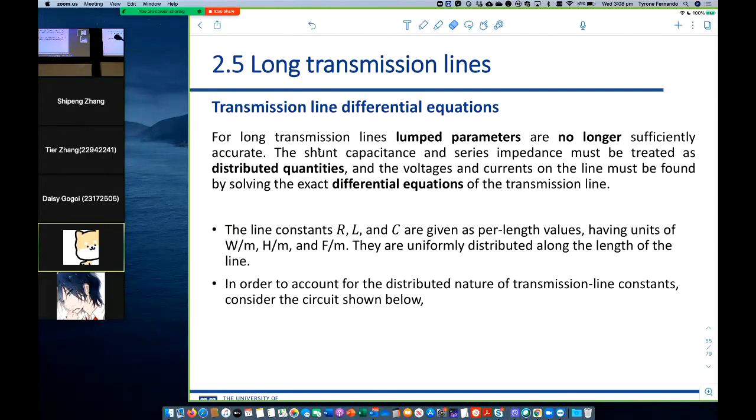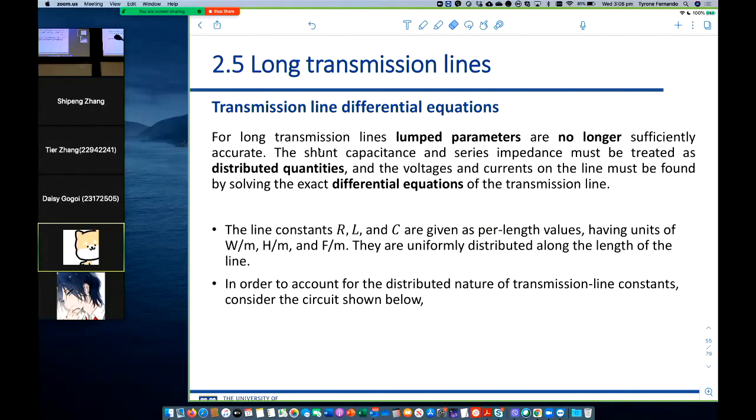Now the line constants R, L, and C are given as per length values. Remember R, L, and C, the resistance, inductance and the capacitance, were per length, per meter, right? Again, we still have those values.